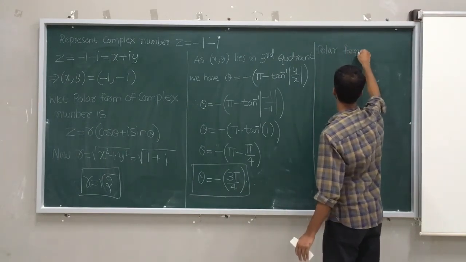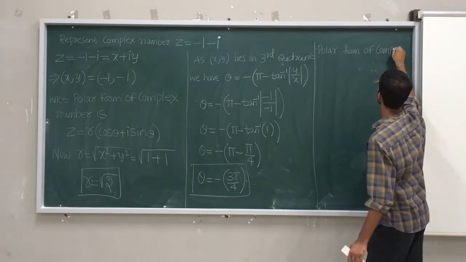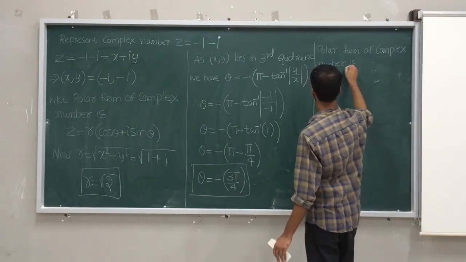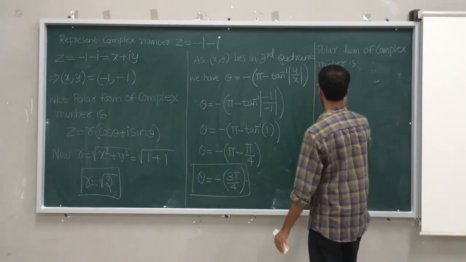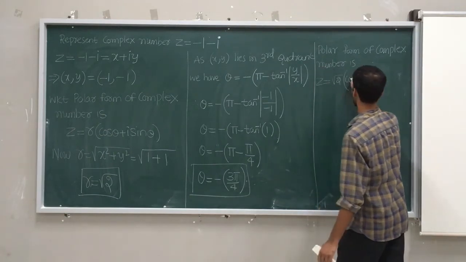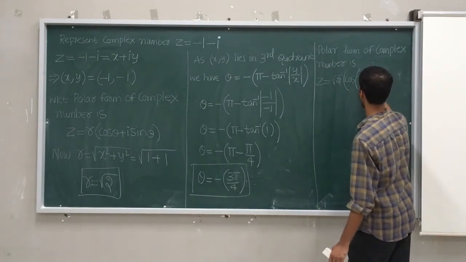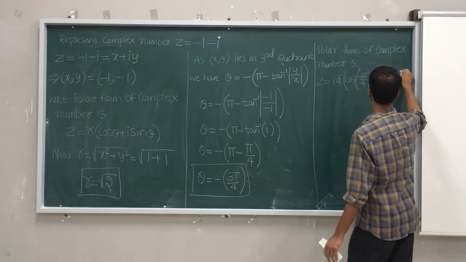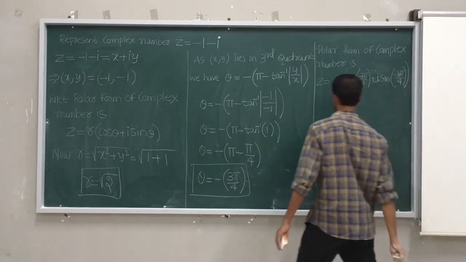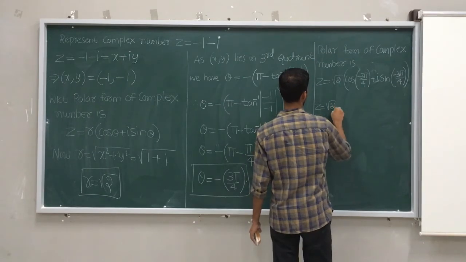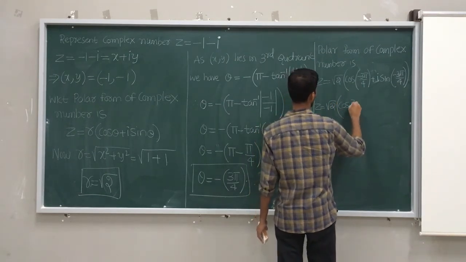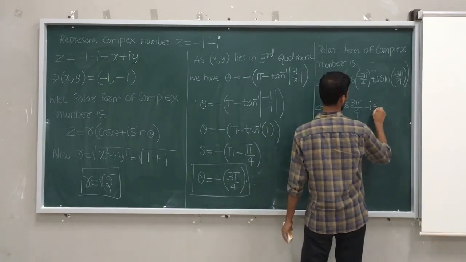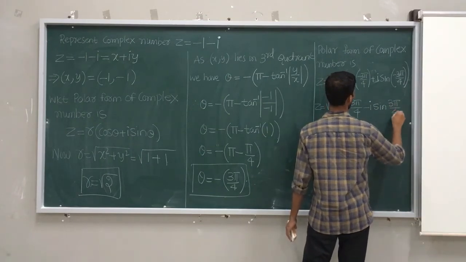So the polar form of the complex number is z equals root 2 times cos of minus 3 pi by 4 plus i sin of minus 3 pi by 4, which is root 2 times cos 3 pi by 4, since cos of minus theta is cos theta, minus i sin 3 pi by 4, since sin of minus theta is minus sin theta.